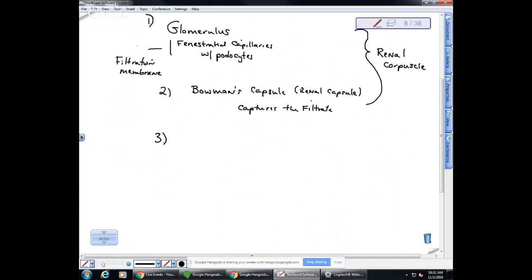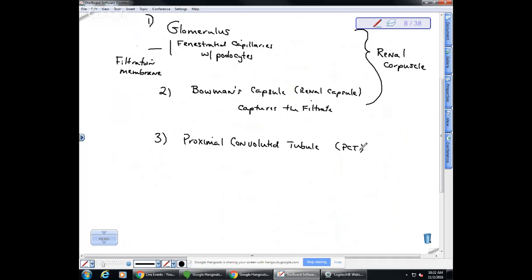The third part is called the proximal convoluted tubule, which you can call PCT, right? You don't want to have to write that out too many times. So proximal means that it's closest to the glomerulus. So it's nearest the glomerulus. Convoluted because it's highly folded, right? It has lots of folds in it.